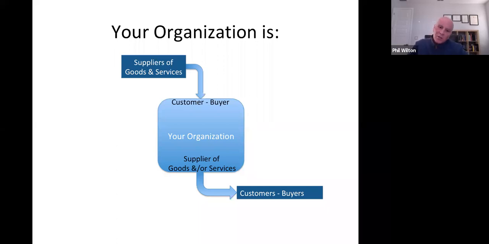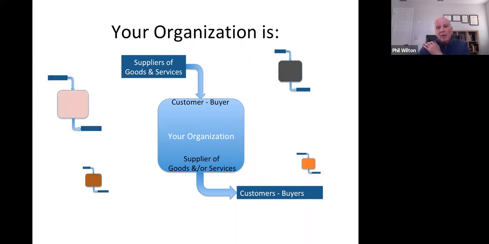So the suppliers of goods and services, to them, you're the customer, but in your organization, you're the buyer. When you've made your product or service and you decide to send it out, then you're the supplier of the goods and services, and you've now got a customer who's the buyer. And guess what? You're not the only one in your marketplace.